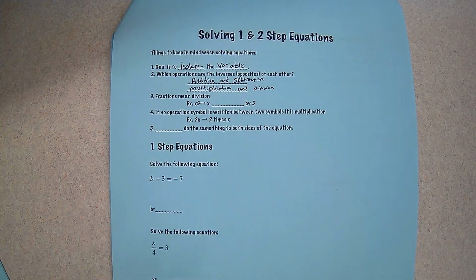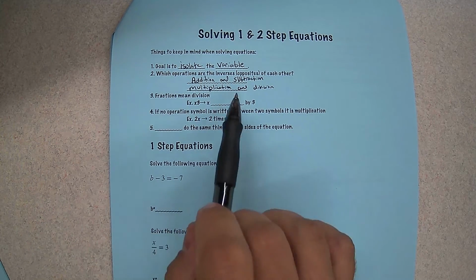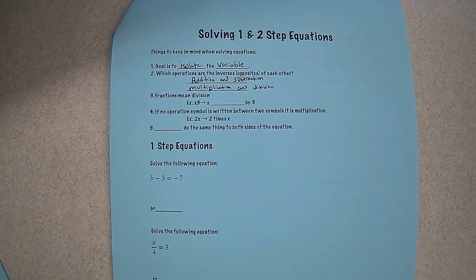And division is the opposite of multiplication. So we have to know those inverse operations are the opposites. Addition and subtraction are opposite. Multiplication and division are opposite.